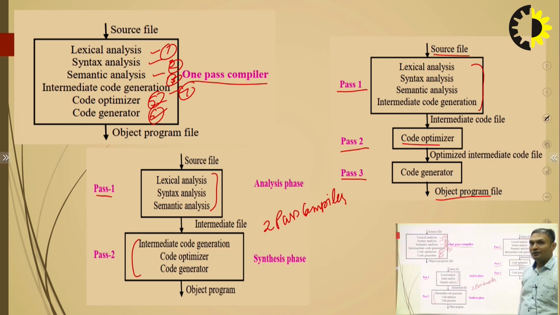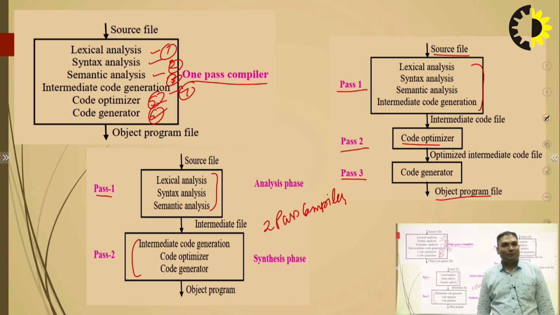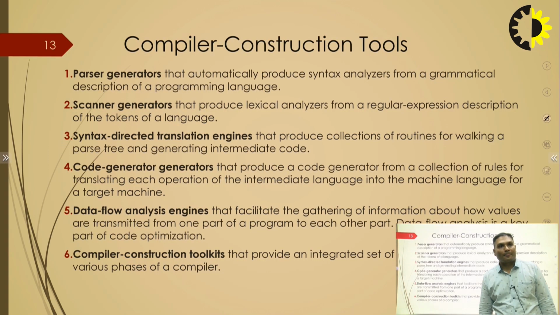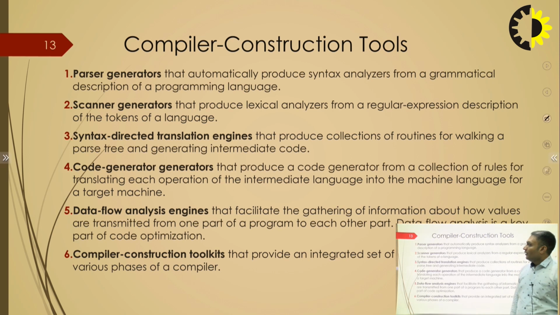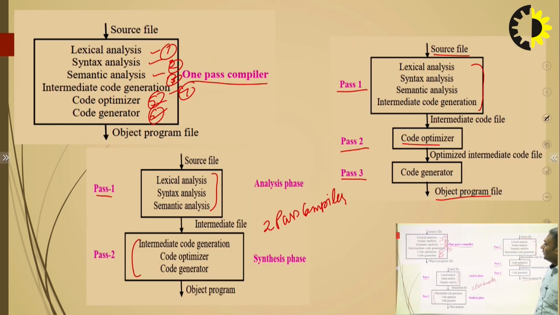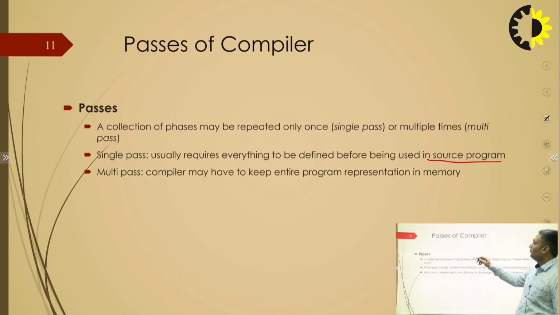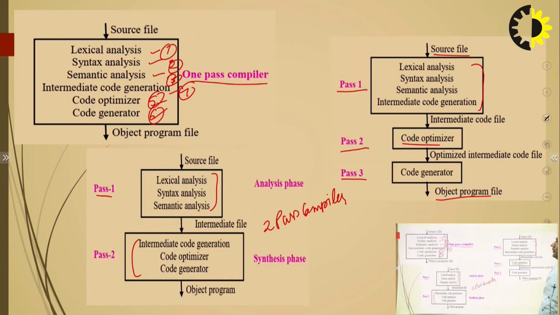Then this can be a 3 pass compiler, or we can say a multi-pass compiler. So in this way, passes of the compiler work. Some compilers may be one pass compilers, some may be 2 pass compilers, and some may be multi-pass compilers.